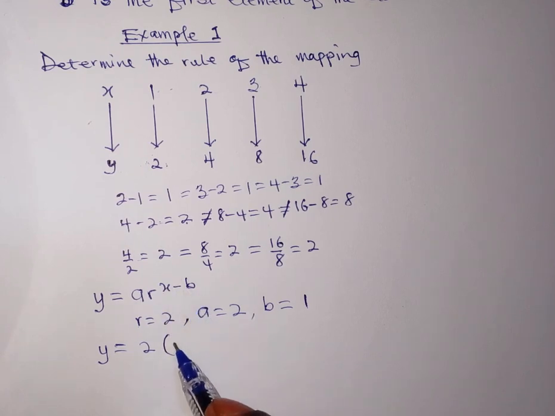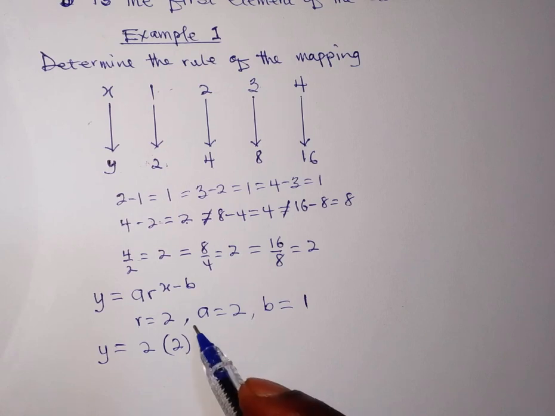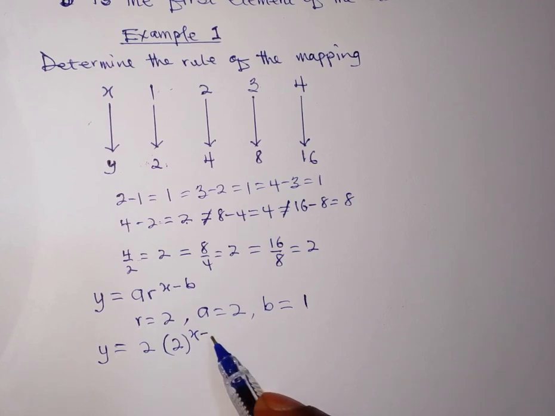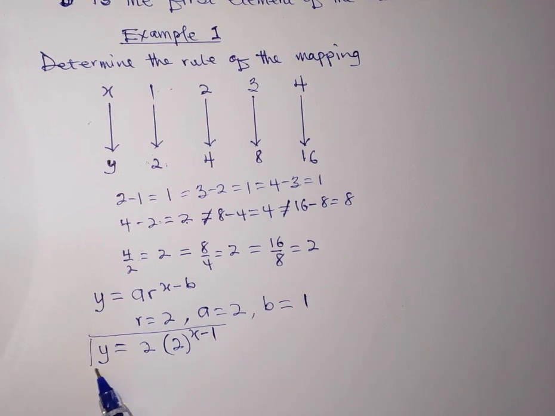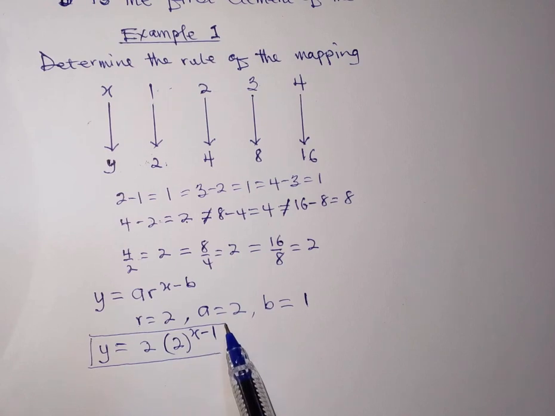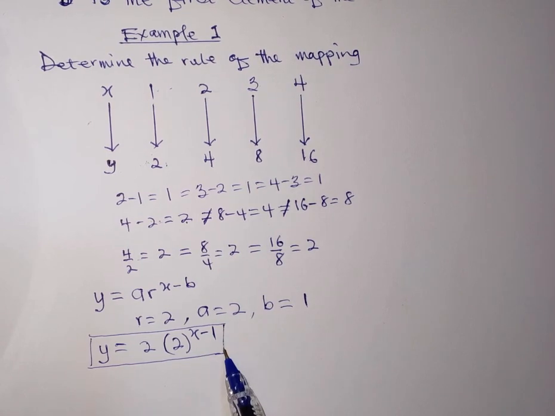Then my x minus, what is my b? My b is 1. So when you get here, you don't have to do anything to the rule. You leave your answer in this form, and this becomes the rule for such mapping. So this is how we find exponential mapping.